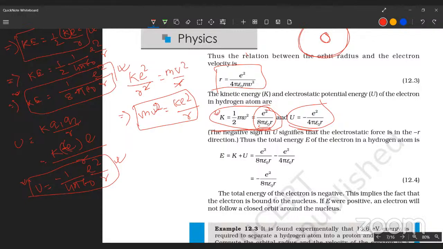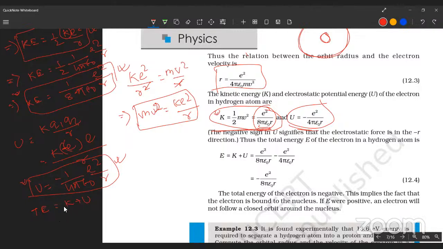Now we can find the total energy of what? The total energy of the electron which is revolving in orbit, right? So what will be the total energy? How do we find it? It's kinetic plus potential.